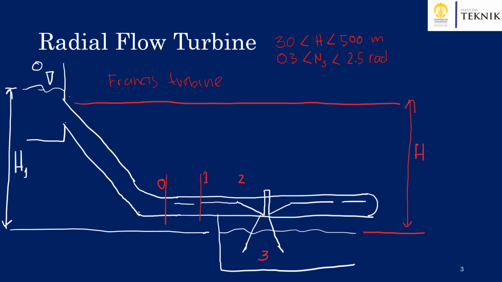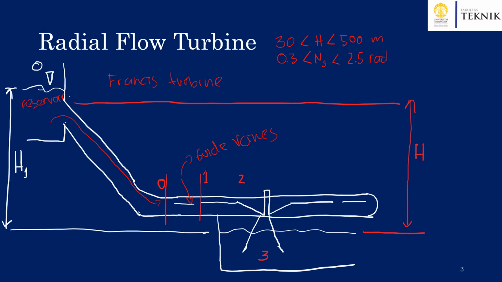Just like the impulse turbine previously, the installation consists of the upper reservoir, and we have the pipeline, or the penstock as it's being called, where the fluid is flown up to the point before it enters the turbine. So point 0 is where the fluid enters the turbine, and then we will meet first the guide vanes, or stationary blades, so to say.